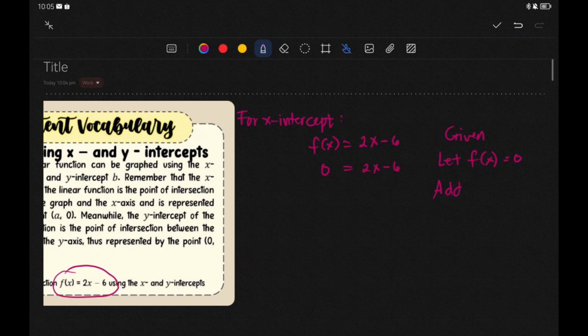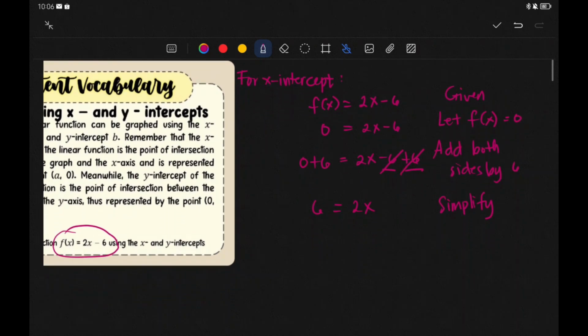Next, add both sides by 6. So, this is 0 plus 6 equals 2x minus 6 plus 6. Next is simplify. 0 plus 6, the 6 equals 2x. Negative 6 plus positive 6, that's 0. So, that is 6 equals 2x.